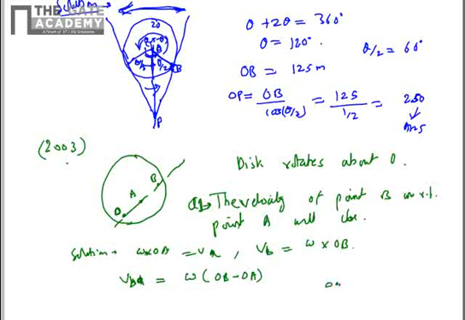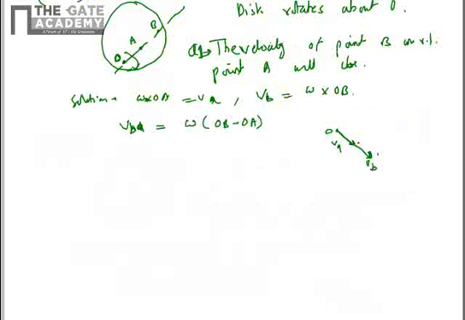This is the point O, which is static, about which the things are rotating. It is rotating clockwise. The velocity of point A will be this much, VA. The velocity of point B will be again in the same direction, but somewhat longer because the radius is longer. This is VB.